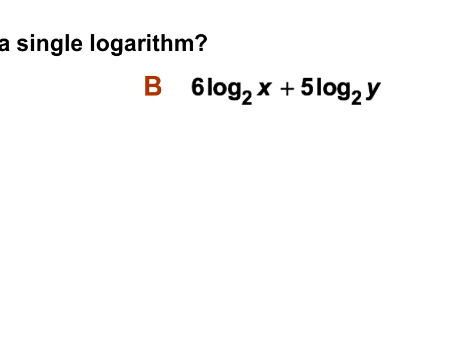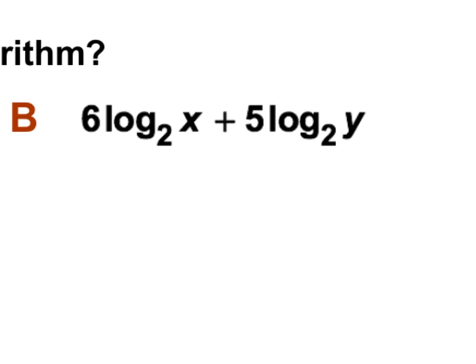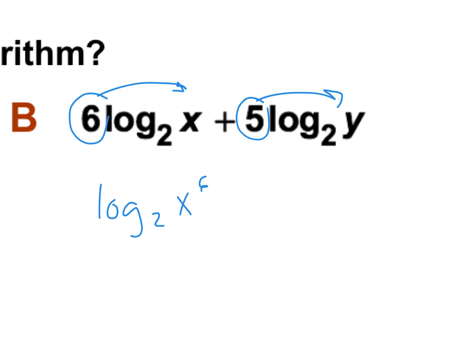All right, and B. Again, we're condensing it to one logarithm. The first thing we want to do, if we have a number out front, is move it to the top. So this becomes log base 2 of x to the 6th power plus log base 2 of y to the 5th power. Now we're adding, so what goes with addition?